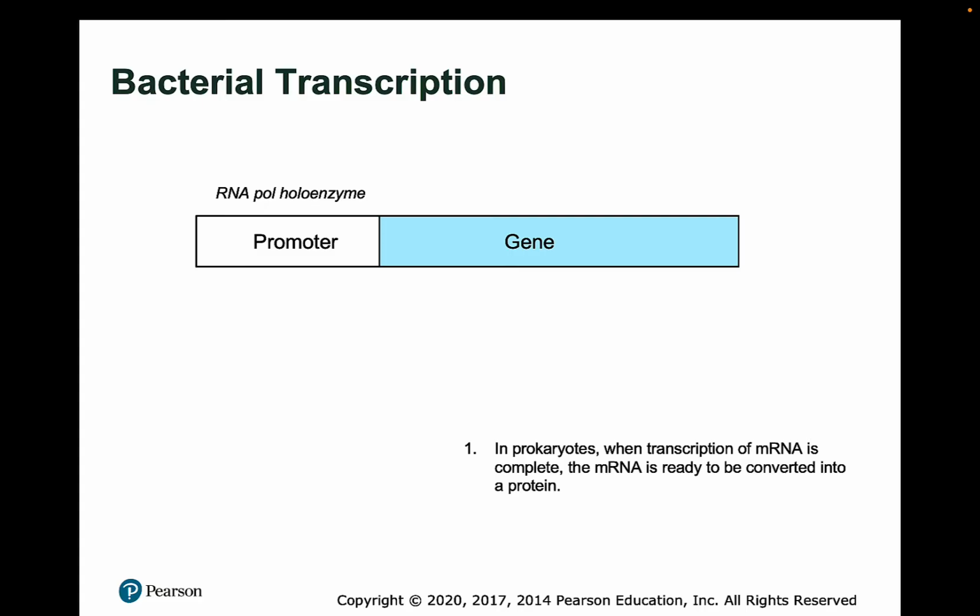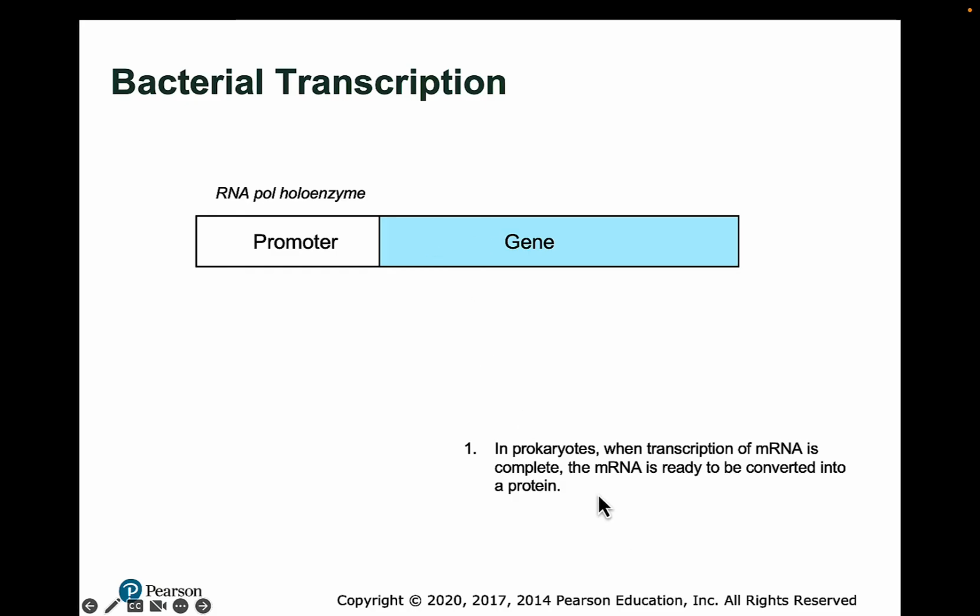And this RNA polymerase we call the holoenzyme because it's made up of RNA polymerase and another protein called sigma. And sigma is what helps the RNA polymerase recognize the promoter. And when this binds, the RNA polymerase opens up this DNA double helix. That's what this rectangle is representing. And it can transcribe a gene into RNA.